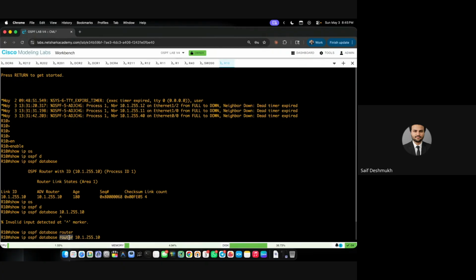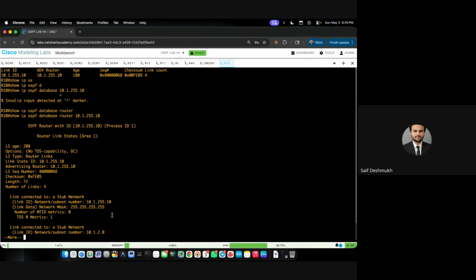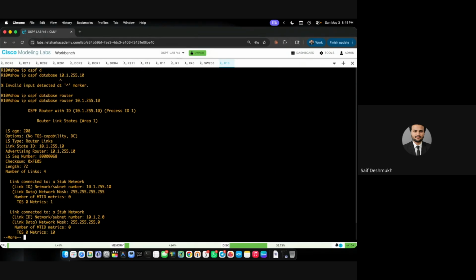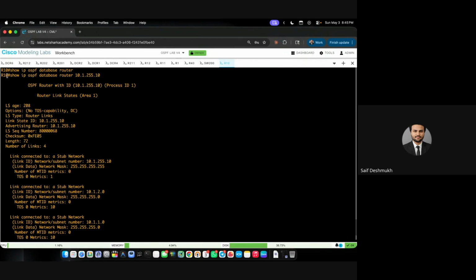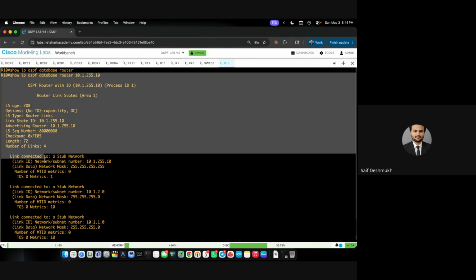We are looking at the type 1 LSA. We are telling it I want to look at the database, the type 1 LSA of this neighbor, or even me, because all the neighbors are dead. When we say header, okay, this is the whole information of the type 1 LSA.